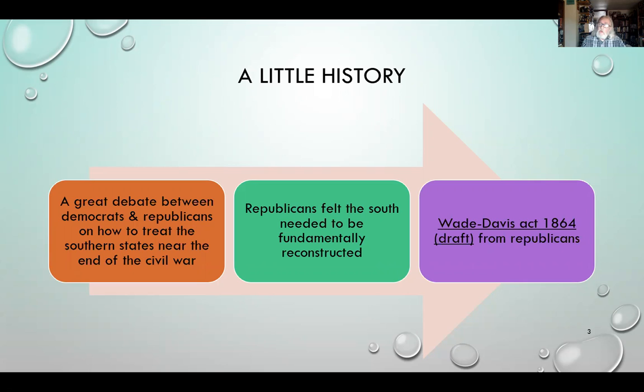With that thinking came the notions that former Confederacy leaders could have no political power in the future, and that until slavery was 100% abolished, and just because we had had the Emancipation Proclamation didn't mean that slavery had ended. In fact, slavery was still ongoing through the Civil War in places like Texas and other southern states.